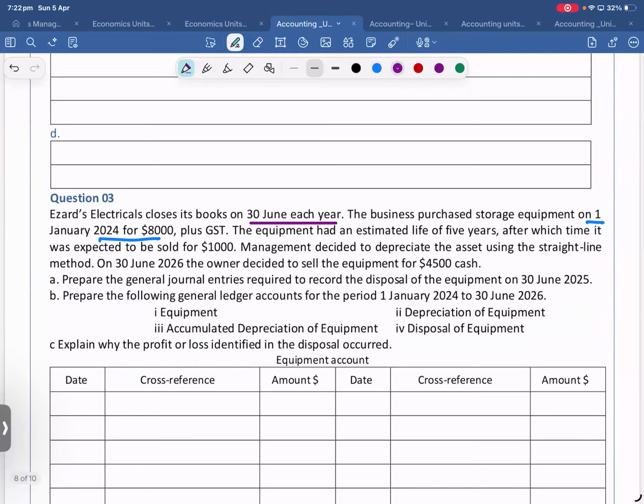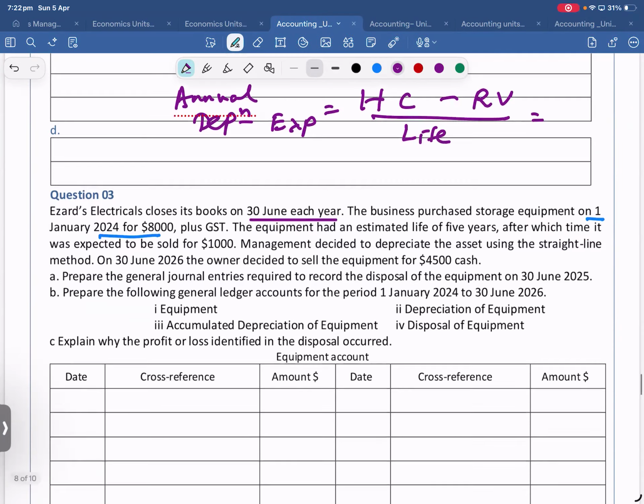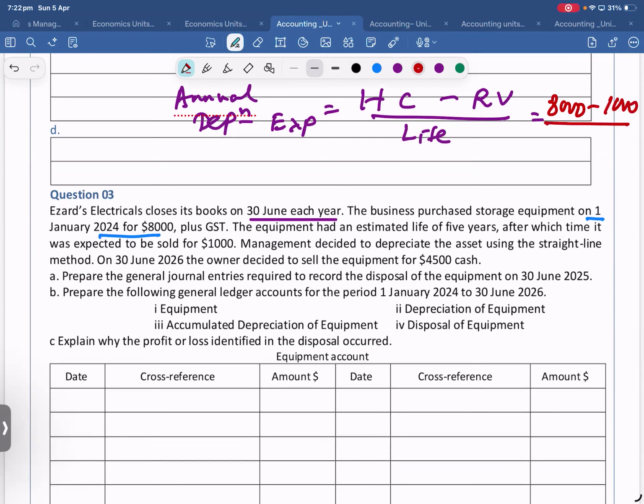What's the formula? Annual depreciation expense is equal to historical cost, take away residual value, divided by the life. So historical cost is how much? 8,000. Residual value is 1,000, divided by 5, which is 1,400.